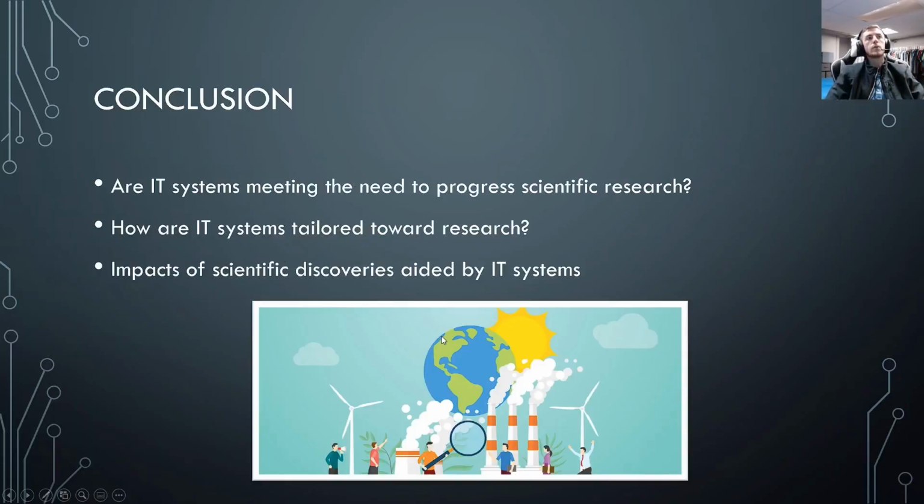So in conclusion, are our IT systems meeting the need to progress scientific research? Yes and no. Scientific research demands are always increasing, and scientists would love more capability, more compute power. Information systems are attempting to meet this demand, and we are hoping the emerging technologies like quantum computing will vastly improve our ability to meet the goal of scientific researchers, to enable us to perform many more calculations quickly.